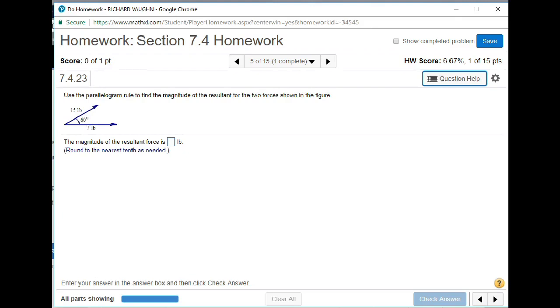The length of the diagonal is the length of the force. The square of that is a squared plus b squared minus 2ab cosine of 120.